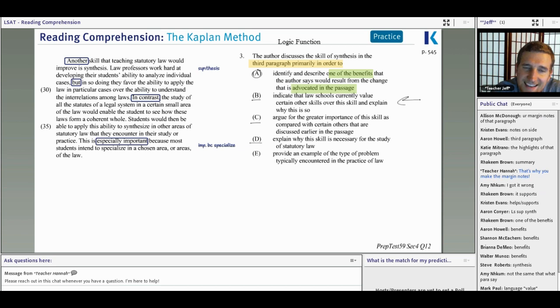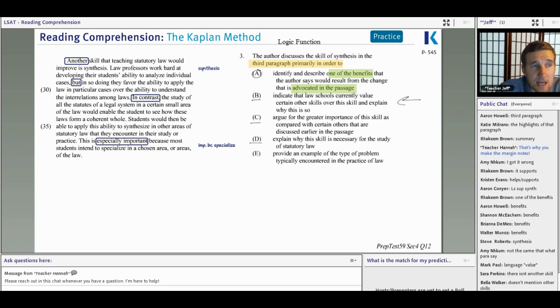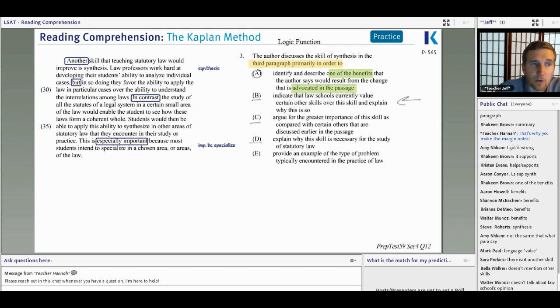Well, notice it says law schools currently value certain other skills. So we get the law professors, and it does say they favor the ability to apply law in particular cases, and so on and so forth. So this little area with the law professors does seem to relate to answer choice B. Why doesn't that work though?